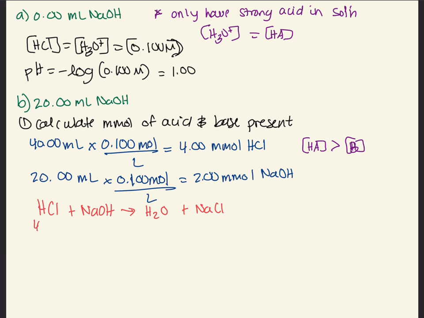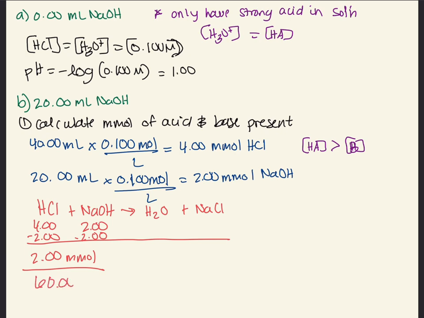I start off with 4 millimoles of my acid, 2 millimoles of my base. My base is going to be completely consumed, and that gives me 2 millimoles of my acid left over. Now I can divide that by my total volume, which is going to be 60 milliliters. Notice that my millis cancel out, and I will be left with units of molarity. And this gives me a molarity of 0.0333.